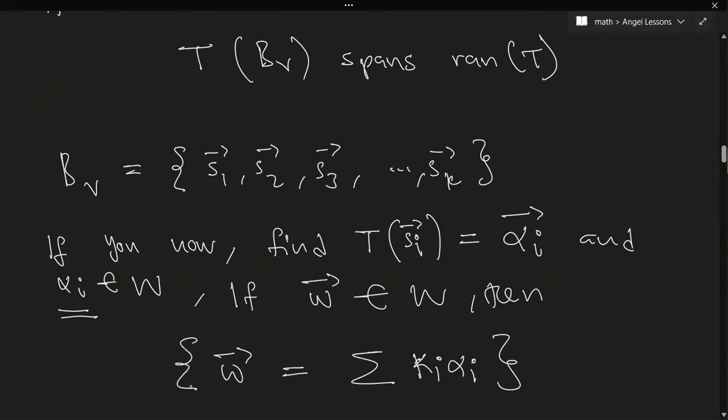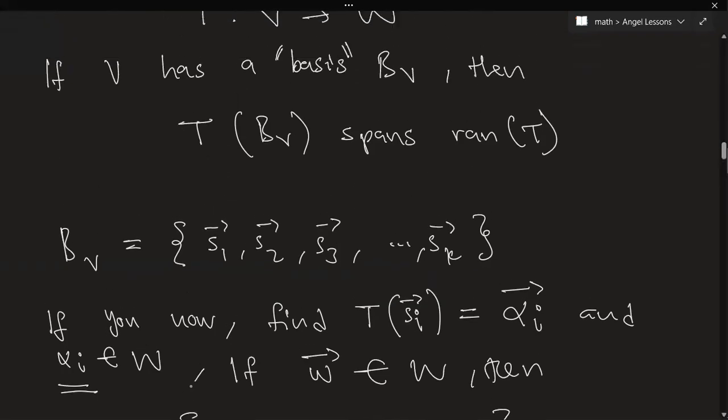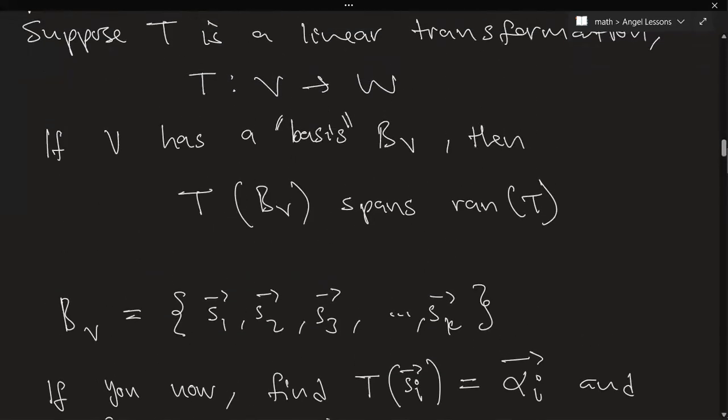So that's what this theorem is trying to teach us: if you know the basis of V, it is easy to find, should I call it a basis? It's not actually a basis, but if we know a basis for V, it's actually easy to get vectors whose linear combinations can produce the whole of the set W.